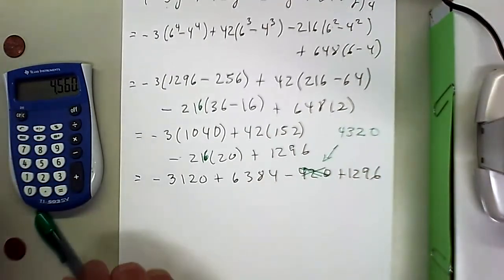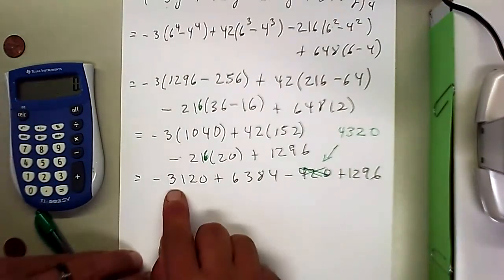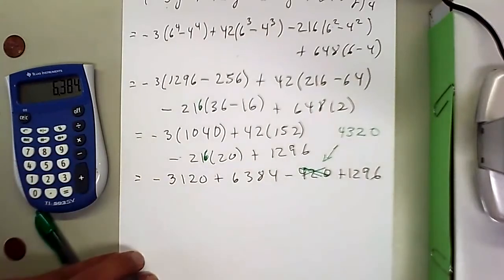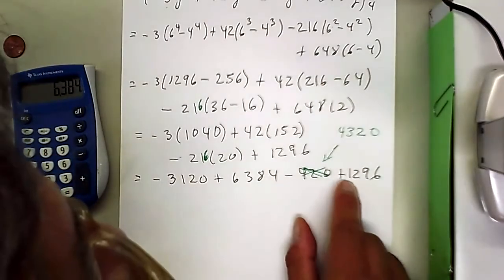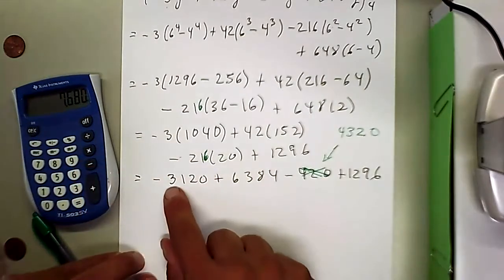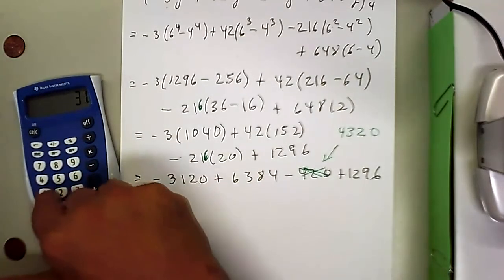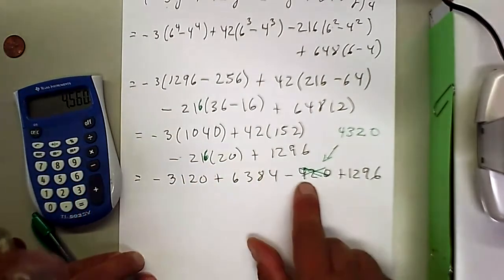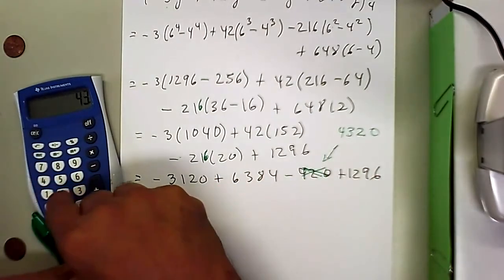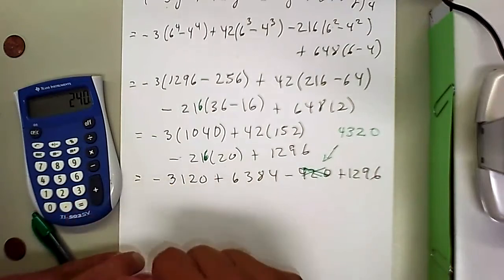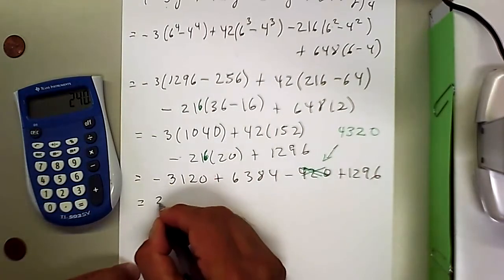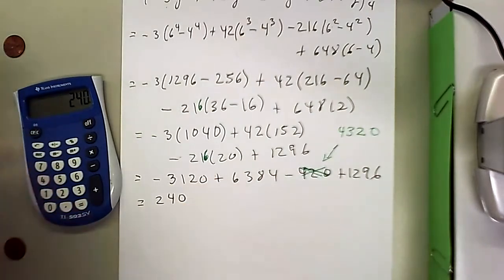Okay, so let's start all over with this addition. 6384 plus 1296 minus 3120 minus this number, 4320, and that gives us 240. 240 exactly.